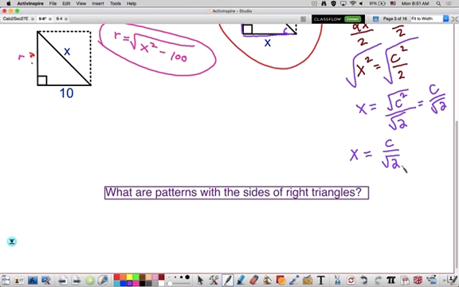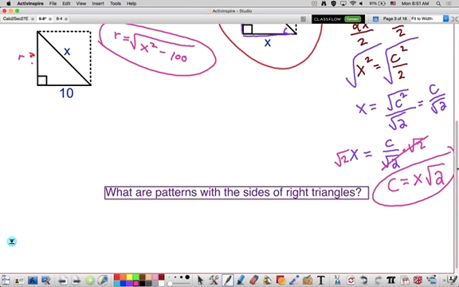Multiply both sides by the bottom, right? So multiply both sides by the square root of 2. That's okay, we're just working through the algebra right now.